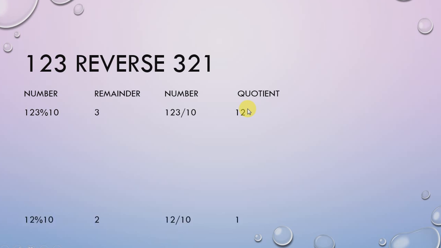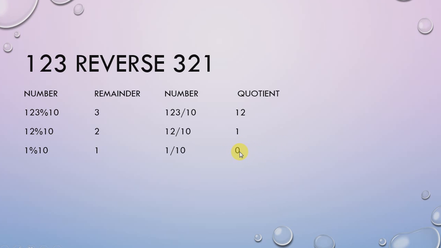So we have 2 as a remainder and 1 as a quotient, and this quotient is processed again in the same way. Then we have 1 as a remainder and 0 as a quotient. Now the process is complete because there is no quotient to process again.